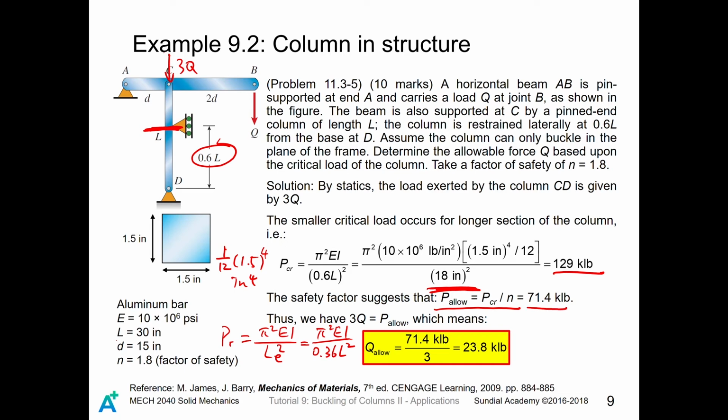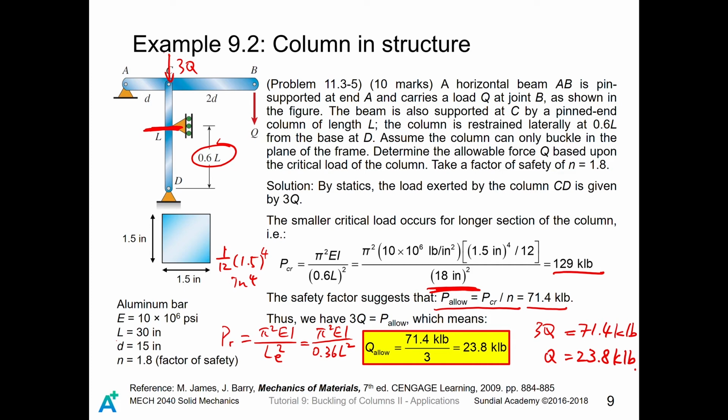But the load acting on this column is 3Q. So 3Q equals 71.4 kilo-pounds, so Q equals 23.8 kilo-pounds.